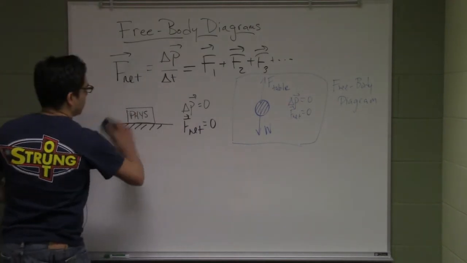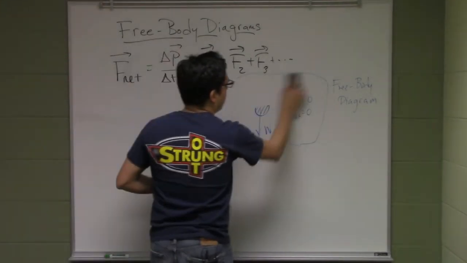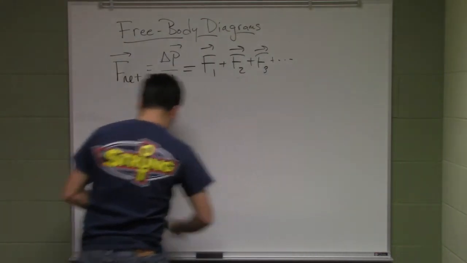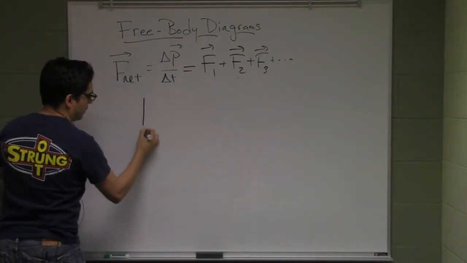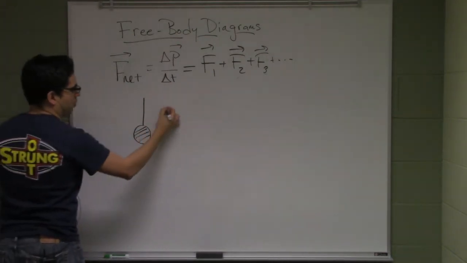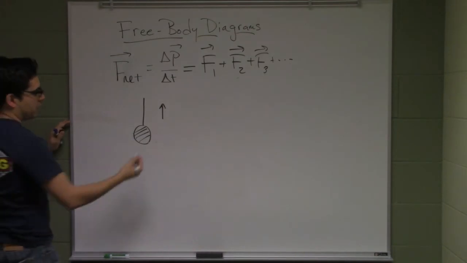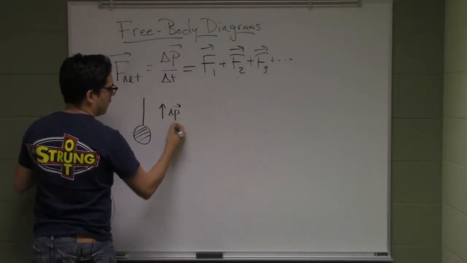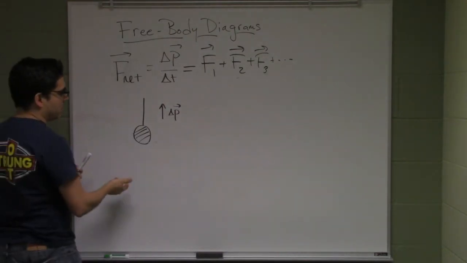Maybe a more challenging one is to think about pulling a ball, let's say. So you have a ball attached to a wire, and you're pulling it upward so that the momentum is actually changing in that direction. That is, the ball is accelerating upward.